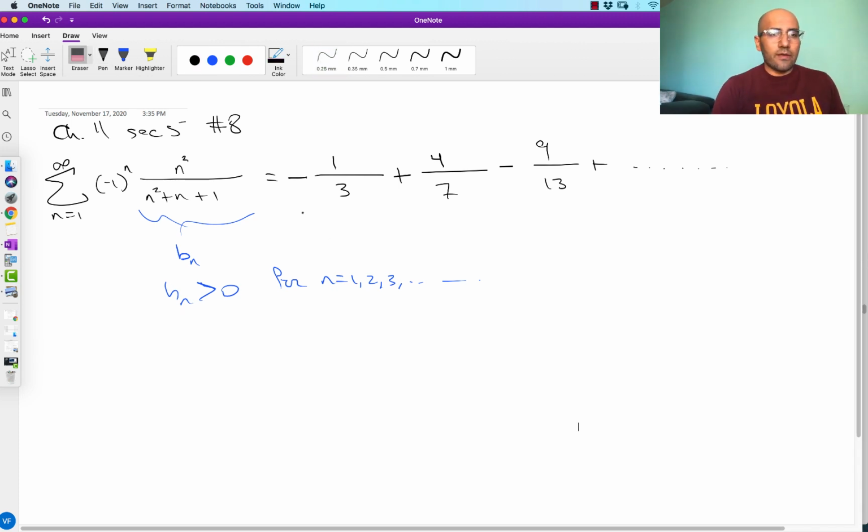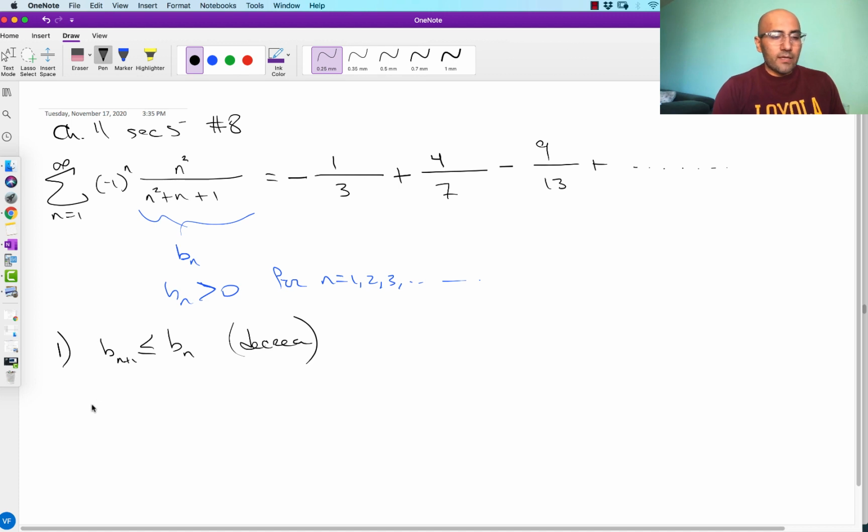To determine whether this converges or diverges using the alternating series test, we have two things to think about. Number one, we have to show that it is monotonically decreasing, that b sub n plus 1 is always less than or equal to b sub n.